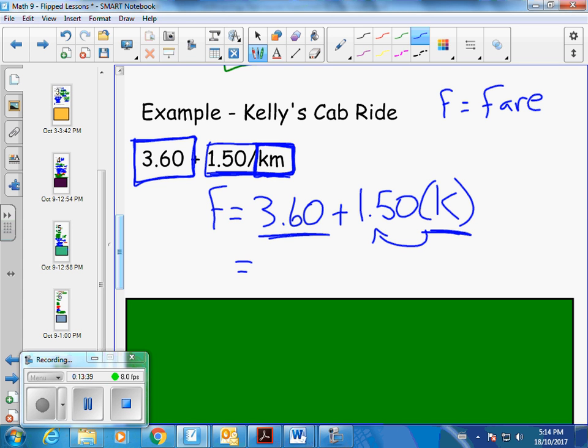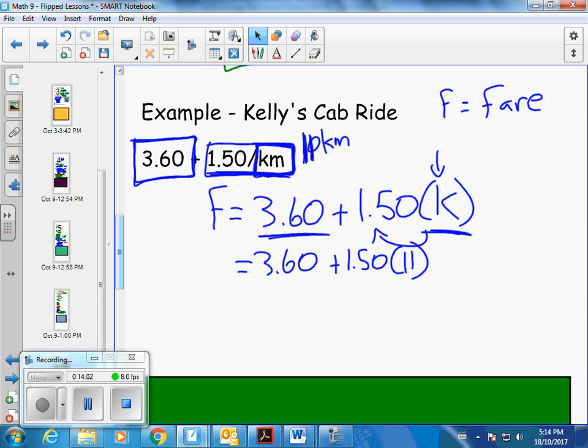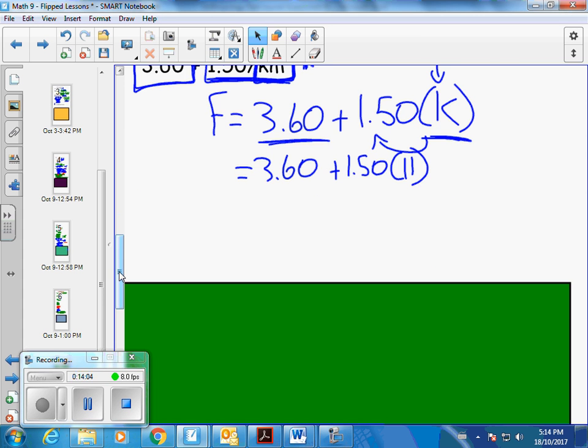Right? So I can test this out. Let's say that they go 10 kilometers. Okay. Oh, let's actually use the example from the book. Let's go with 11 kilometers. So all I have to do here is plug my variables in where they're supposed to be. So 3.60 plus 1.50 times 11. So $1.50 times 11 is going to give me $16.50.